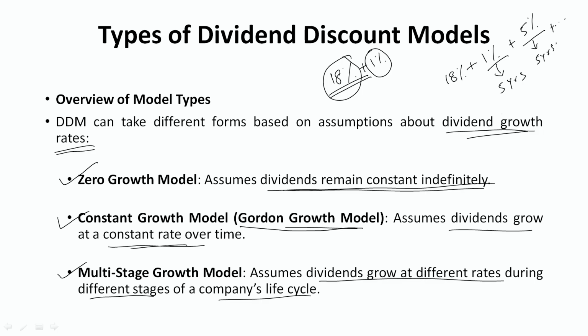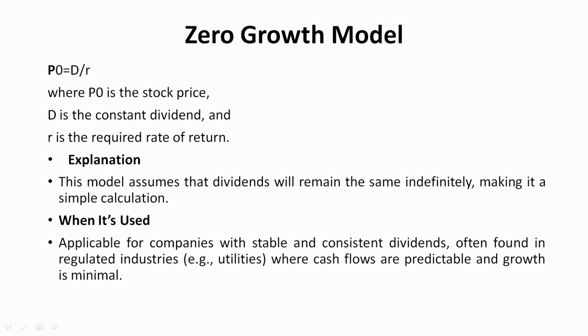So along with the growth of the company, the dividend whatever you are going to get is also changing, right? So that is called a multi-stage growth model, where you have different rates of growth. Now let us go into the details of these.